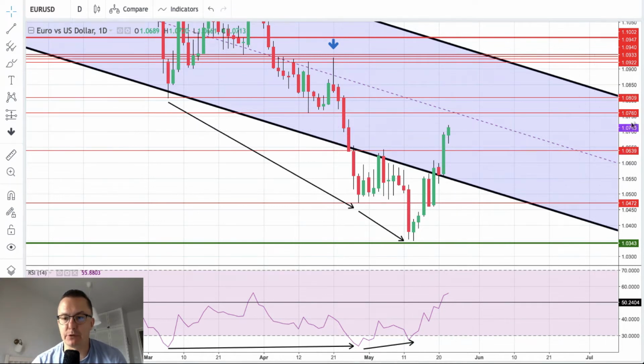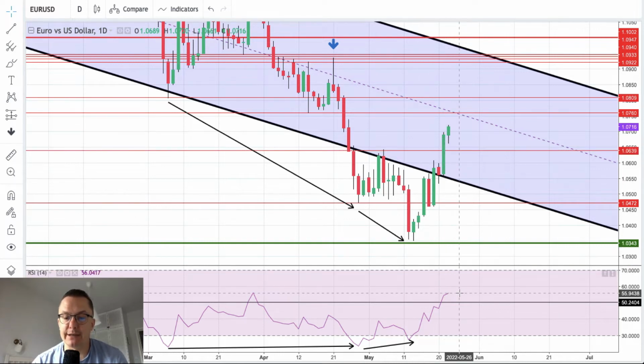Next targets are 1.0760 and 1.0909, and of course the key technical resistance is 1.0945. So as long as we trade below this level, we can still return to the downtrend. Please notice the fact that the RSI indicator is now positive, and bullish pressure is clear on this market, at least in the short term.